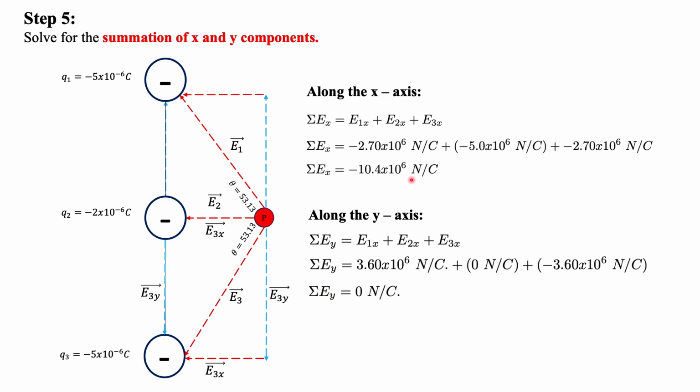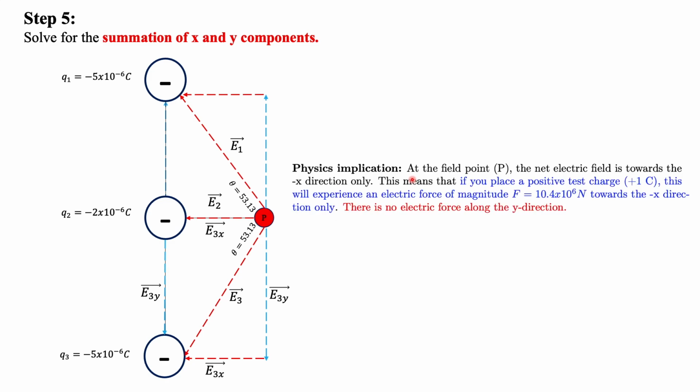This means that if you place a positive test charge, say 1 coulomb, I know this is not realistic, but for brevity of discussion, let's say we put a 1 coulomb charge over here, it will experience an electric force of magnitude 10.4 times 10 to the 6 newtons towards the negative x direction only.